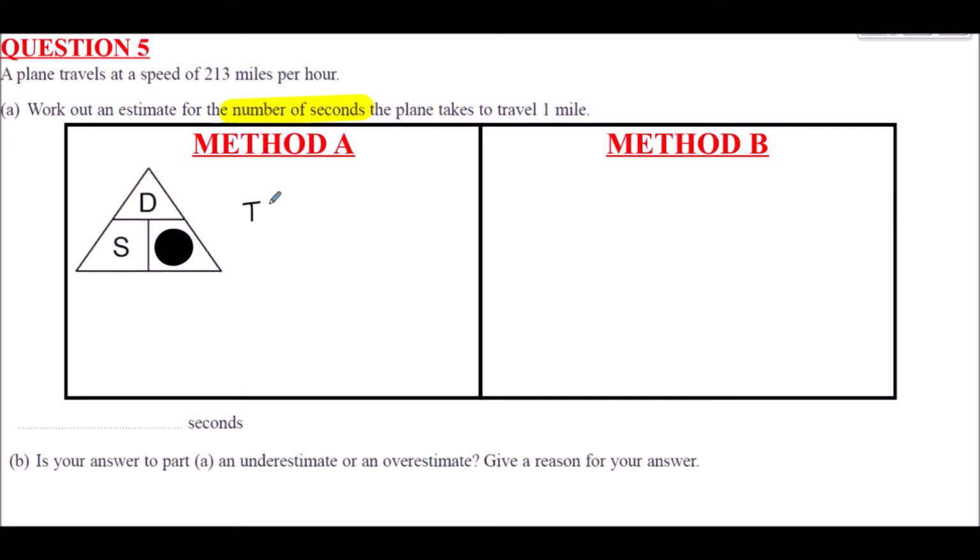So time equals, well, we've got d left on top and s on the bottom with a line between them. So this means distance divided by speed. So the distance is, it's going to travel 1 mile. And so we put this one in. And the speed, we're told it's 213 miles per hour.